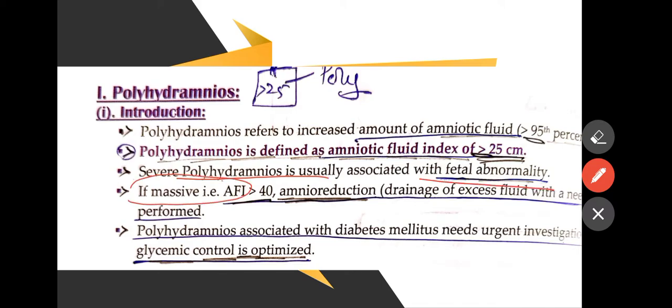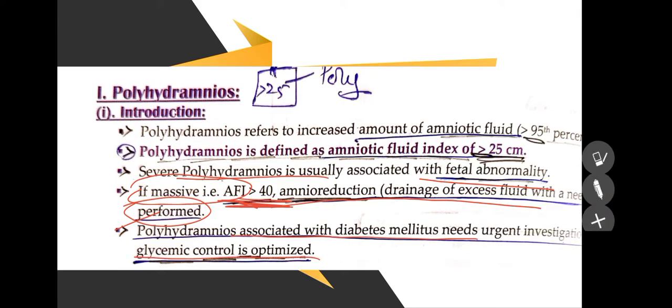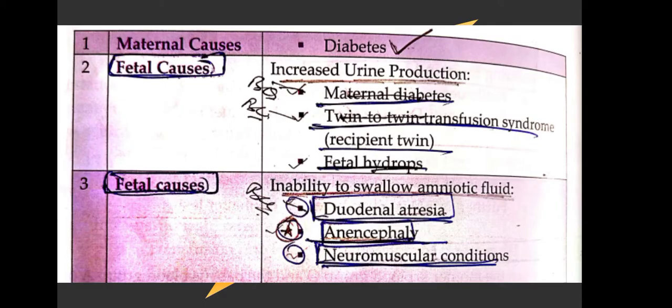If massive amniotic fluid is greater than 40, amnioreduction drains the excess fluid. It is associated with diabetes mellitus and needs urgent investigation until glycemic control is optimized. So it is associated with diabetes and it needs urgent treatment.